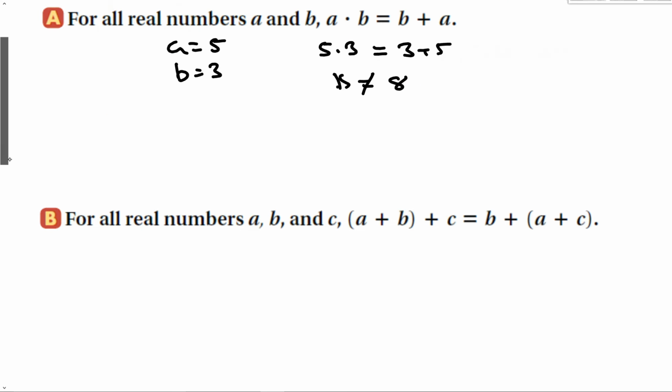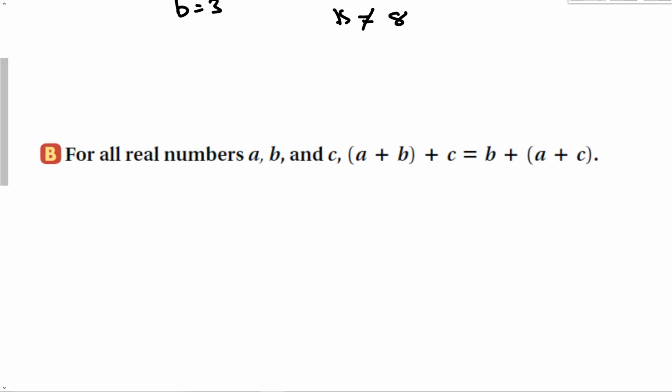Let's look at the next one. For all real numbers a, b, and c, (a plus b) plus c is equal to (b plus a) plus c. If we can rearrange this using some of the properties that we've used already, then we can prove that this is true. So let's use the commutative property first to say b plus a, plus c, and that's just changing the order of these two.